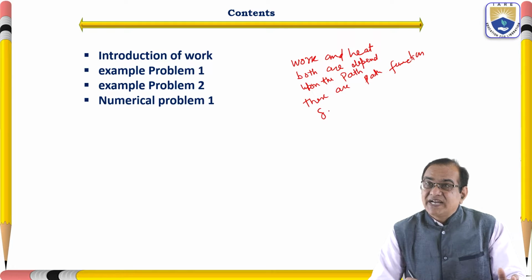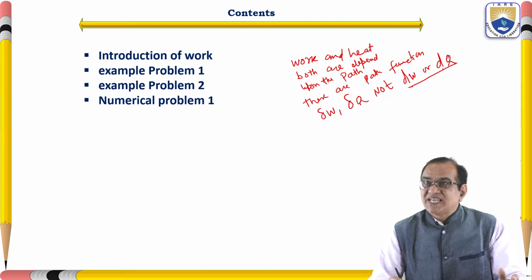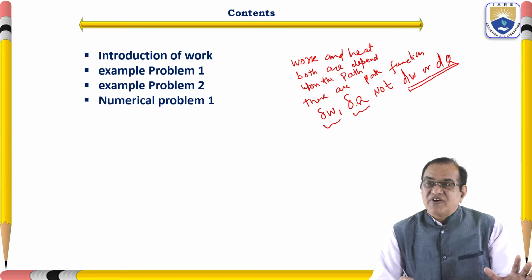So we write del W or del Q, not dW or dQ, because dW would be an exact differential, which is only used for properties, and properties depend upon the points. But work and heat are not point functions, they are path functions.